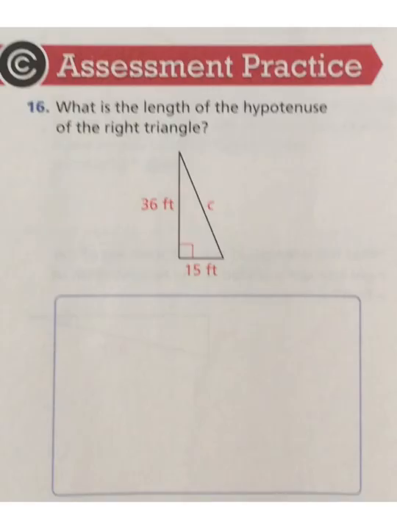So you can feel free to go ahead and turn to page 386. This is a problem out of the book on page 386. What I know is that I have to find C, the missing side length, the hypotenuse, which we know is going to be the longest side. We have a right triangle, so we can use the Pythagorean theorem.